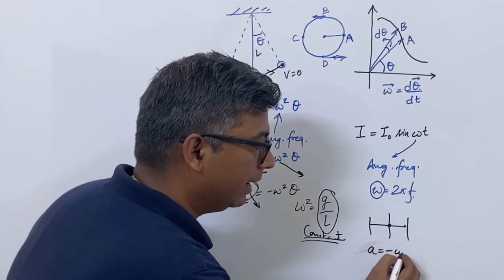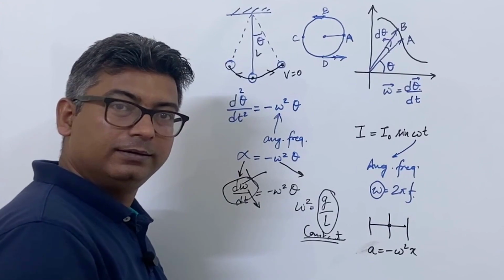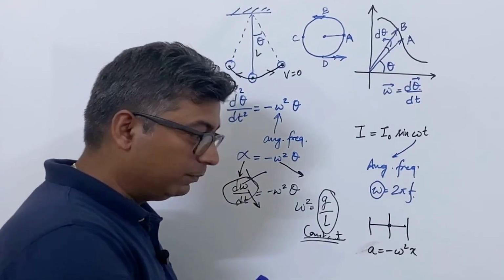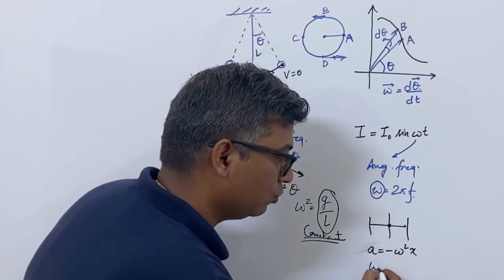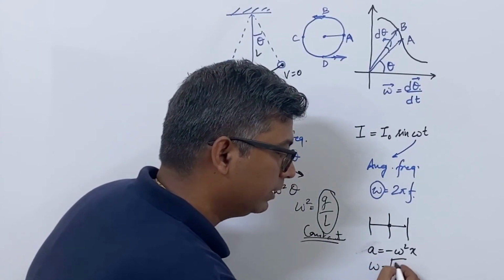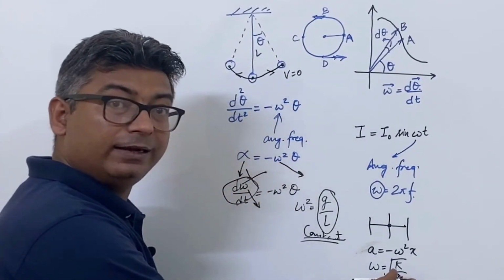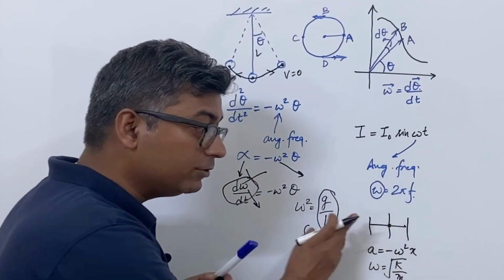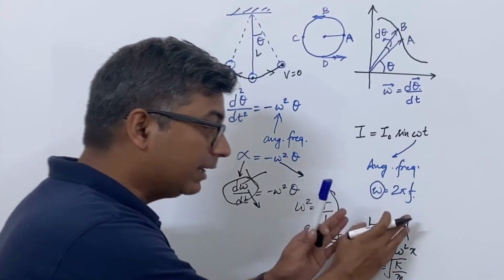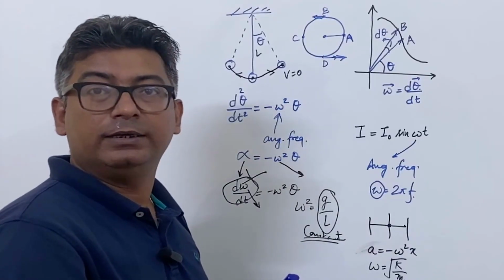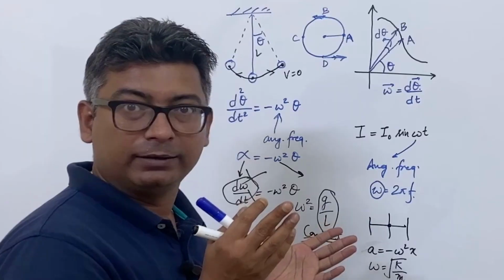Acceleration is equal to minus omega square x, right? That we know about, right? So what is this omega? This omega is equal to root k by m, again a constant value. But here there is no curved path, so we cannot define angular velocity here, or angular speed for that matter.